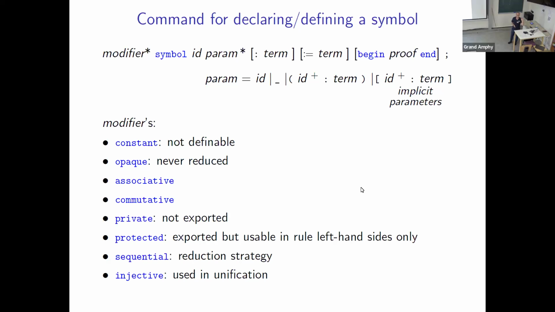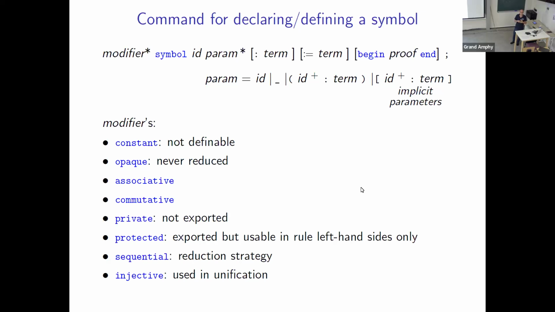You remember the product rules for universes, where we have type I, type J, then the output type is the max of I and J. And the max operator is associative, commutative, and has other properties. Then it's very convenient to be able to reason modulo associativity.